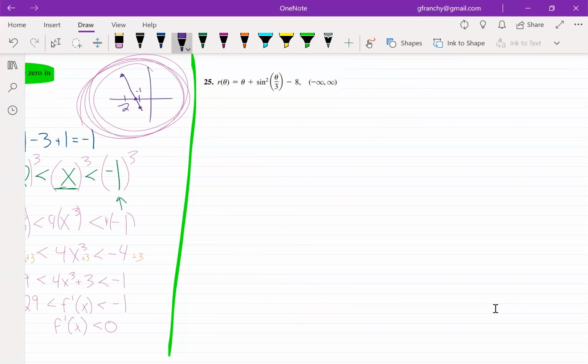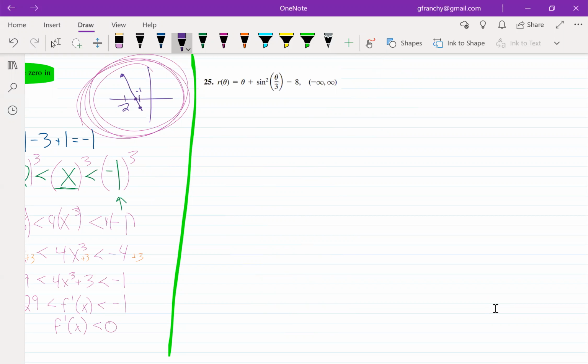And this time the interval that we're given is over the entire set of real numbers here. And really the only way I think we'd be able to go ahead and establish that it has exactly 1 zero is to see if we can establish if this is a strictly increasing or strictly decreasing function.